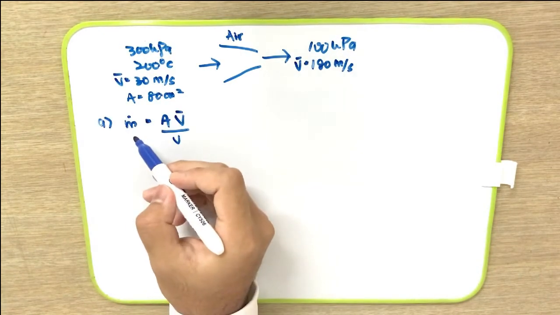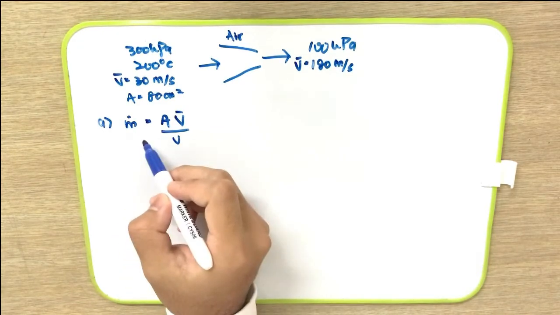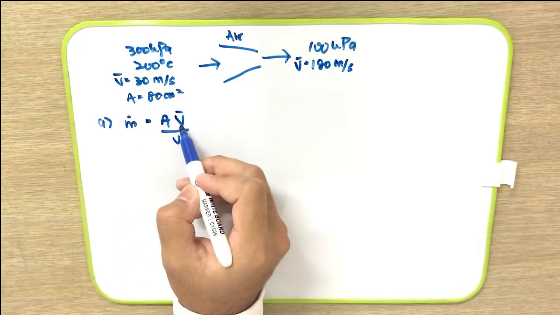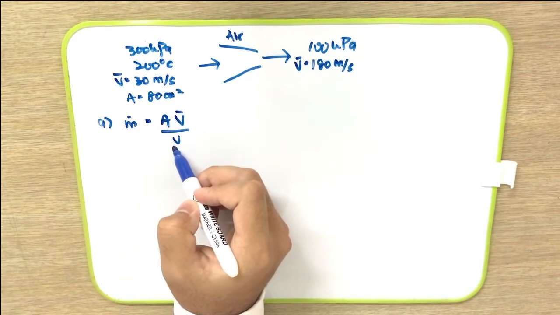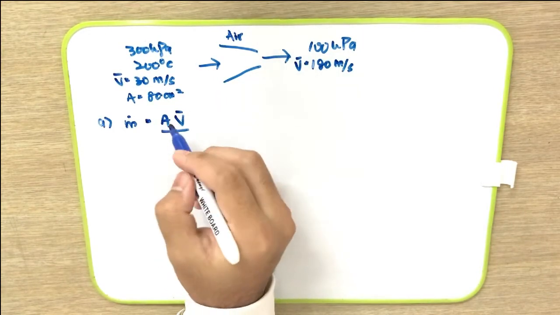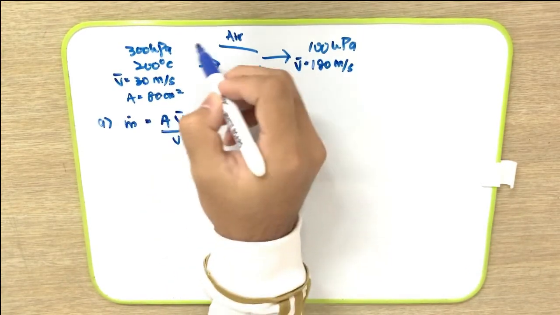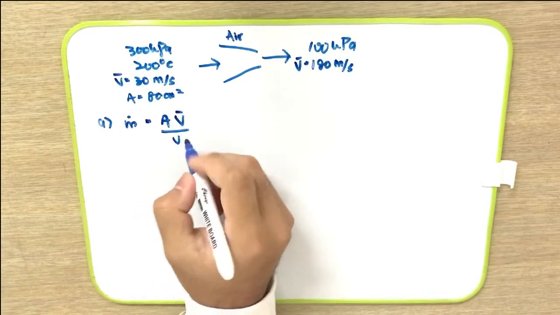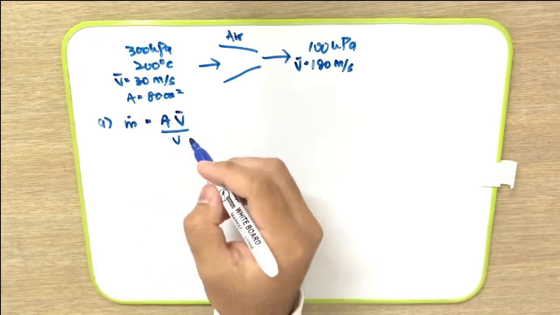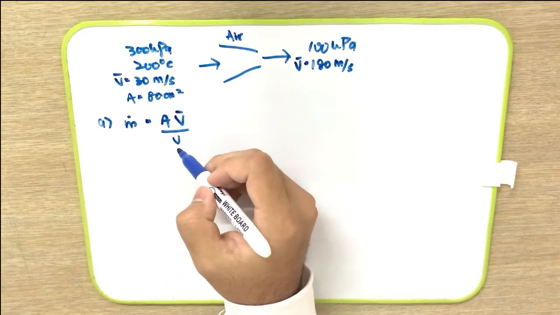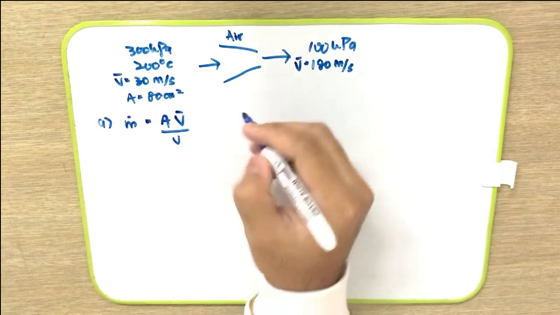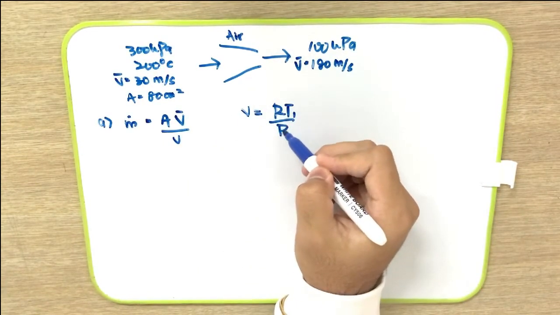First, we need to find the mass flow rate by using this equation, area times velocity over specific volume. From the question, we are given area and also velocity at the inlet, but we are not given specific volume here. So we can find this specific volume by using the ideal gas equation, which is v equal to RT1 over P1.